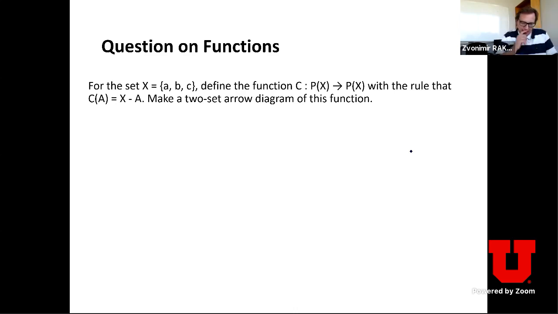So how do we do this? First, we have to see what our domain and codomain are. In this case, they're the same. They are the power sets of X. So let's write down all these elements.